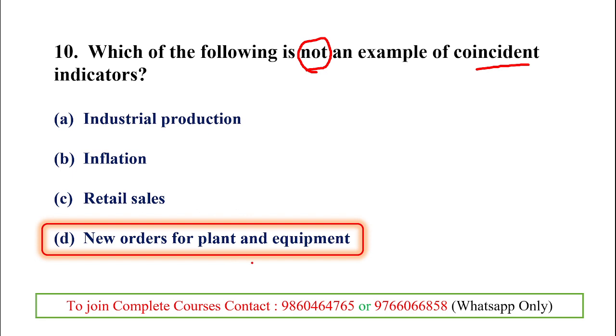The typical example is industrial production or turnover. So new orders for plant and equipment is a new condition. It does not exist in an economy for a long period. Industrial production, inflation, retail sales are existing in the economy in a more or less way. But new orders for plant and equipment is a future consideration. So this is not an example of a coincident indicator.